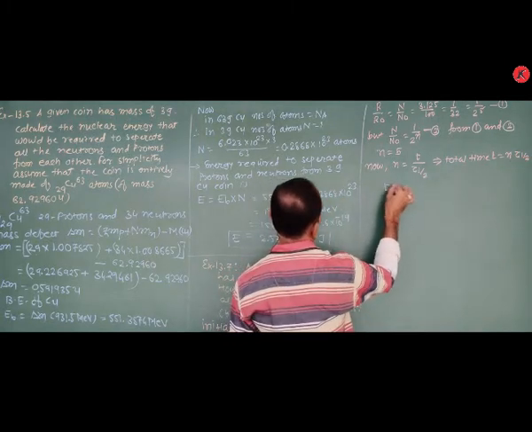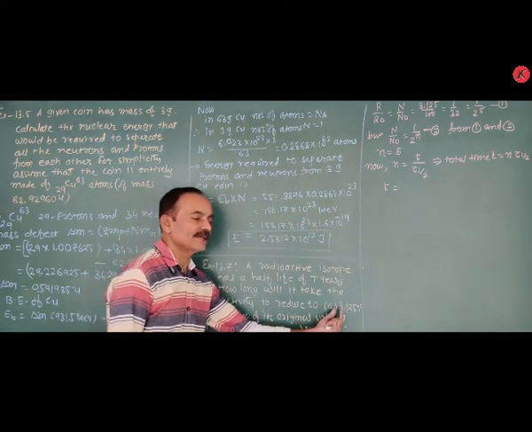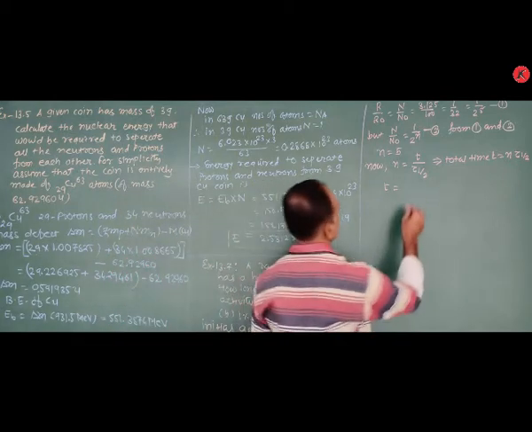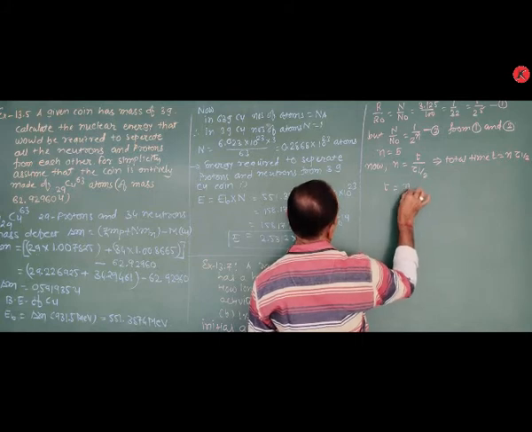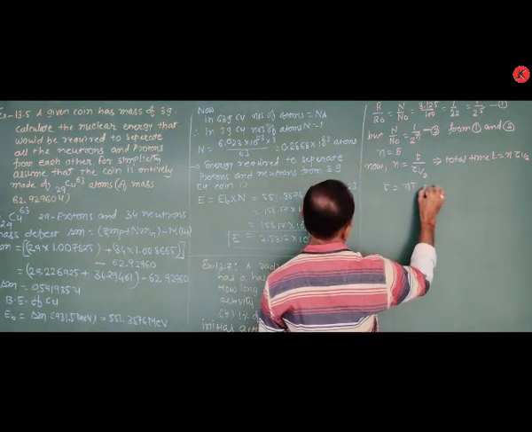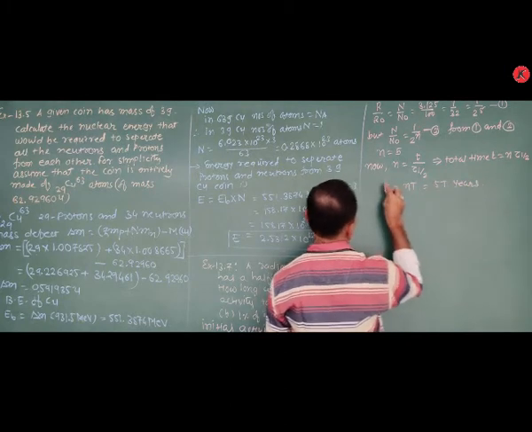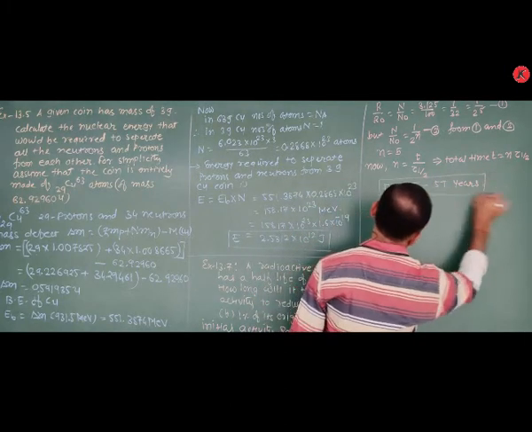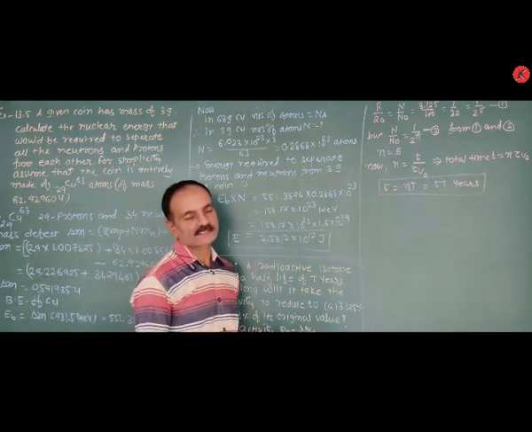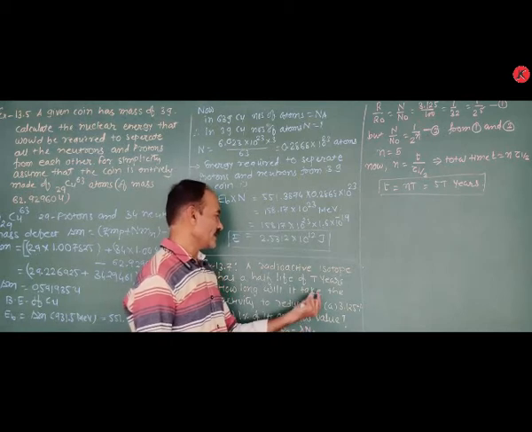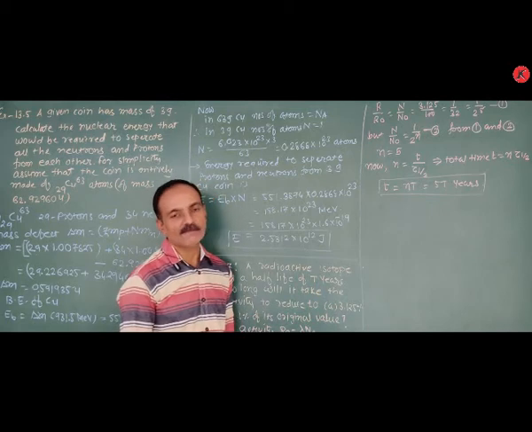Therefore, time taken to reduce the activity to 3.125% is n into tau half, that is n into capital T, equal to 5 into T years. So, in 5 times T years, the activity of a given isotope is reduced to 3.125%.